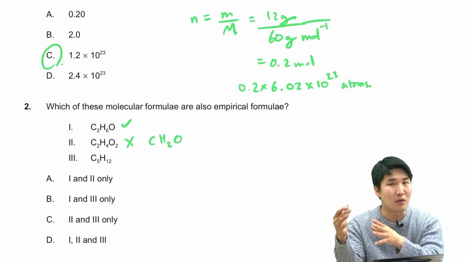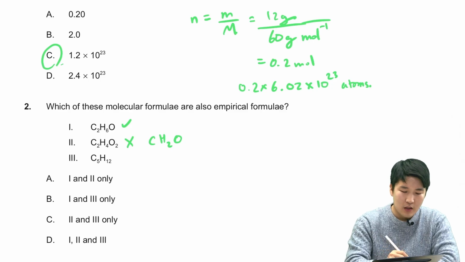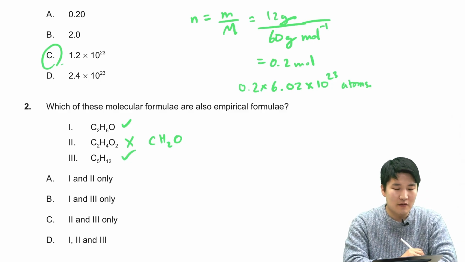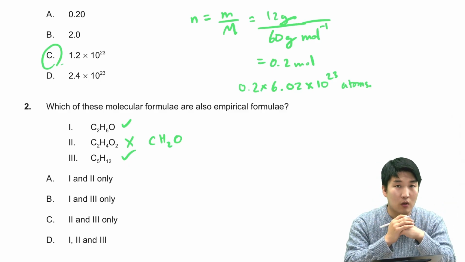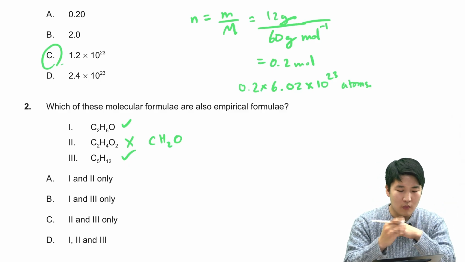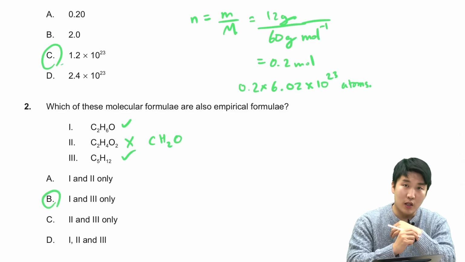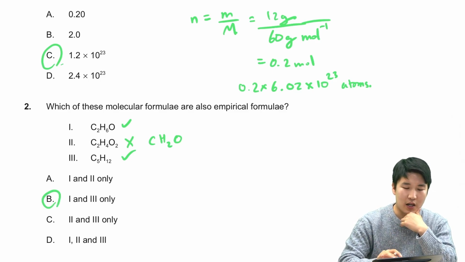That will be the empirical formula. Like option I, C5H12 is no longer divisible to become a smaller whole number ratio. 1 and 3 only is our answer.